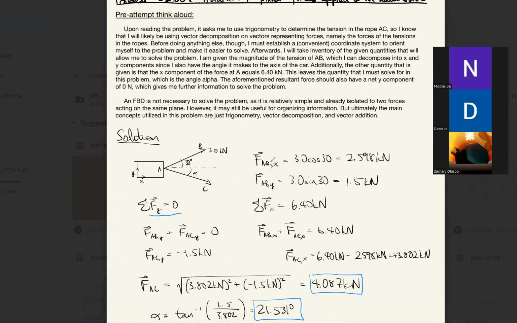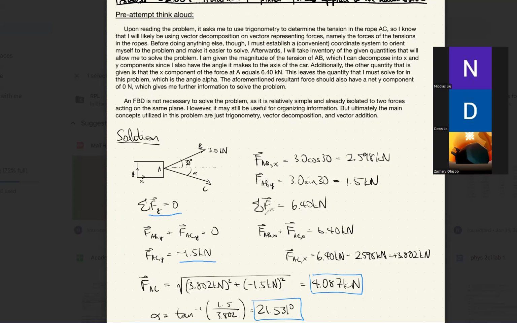We're given the total magnitude of AB, so we can use vector decomposition to find 3.0 times sine of 30 equals 1.5 kilonewtons. And since FAC acts in the opposite direction, it would have negative 1.5 kilonewtons.